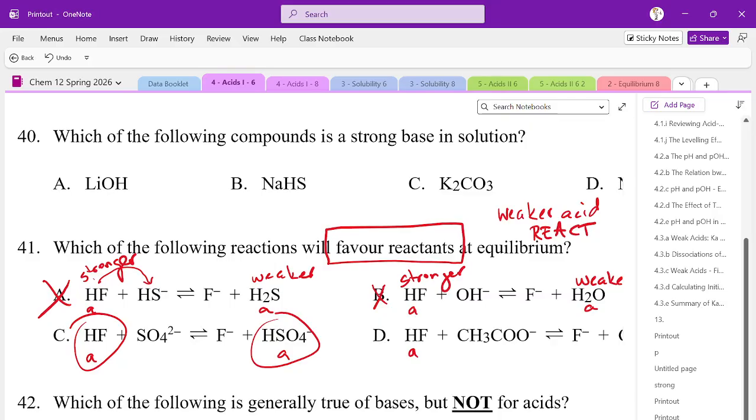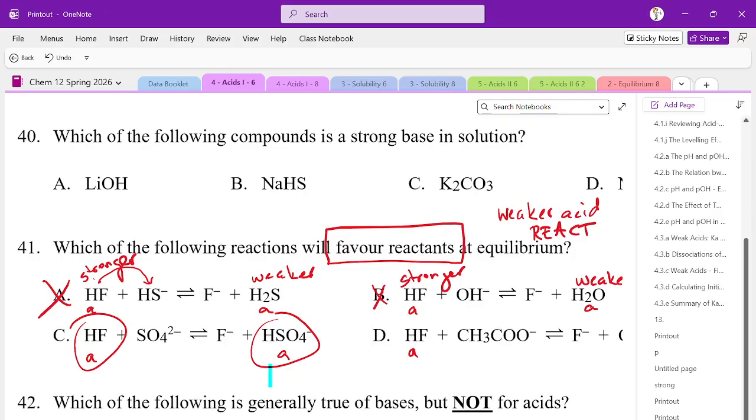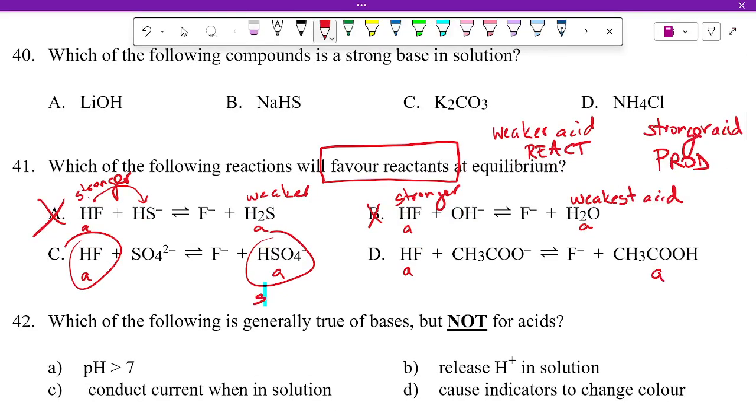Oops, that's not what I wanted. There we go. HSO4 is stronger. HF is weaker. So our answer must be C. We don't even need to look at D because we found our answer already.